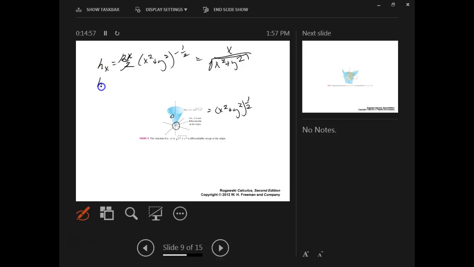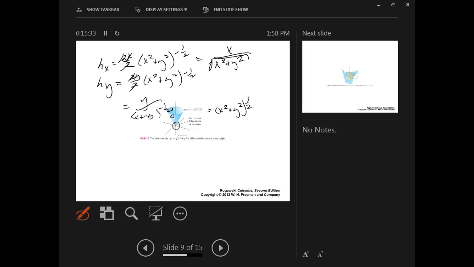Same thing with your h sub y. Let's do that one too. H sub y would equal 1/2 x squared plus y squared to the minus 1/2 times 2y. The 1/2 disappeared when you did the 2y.